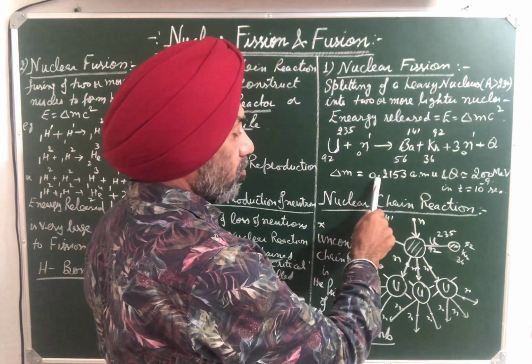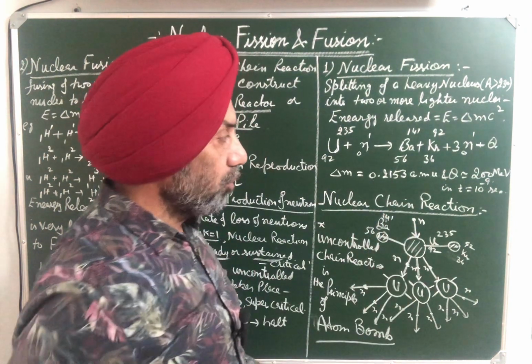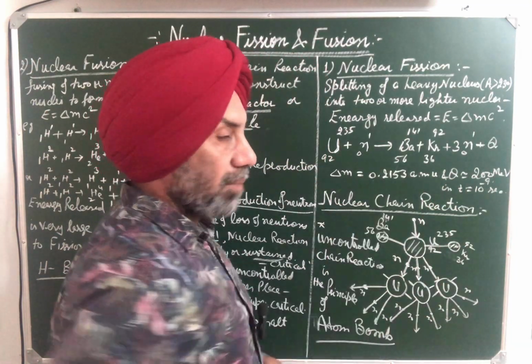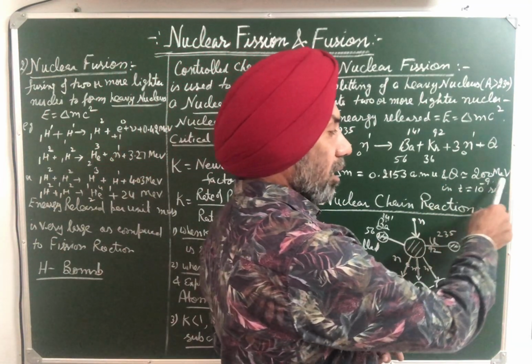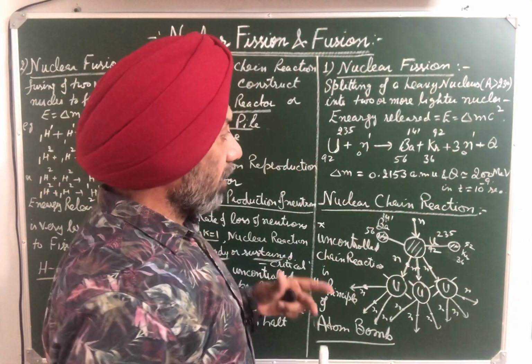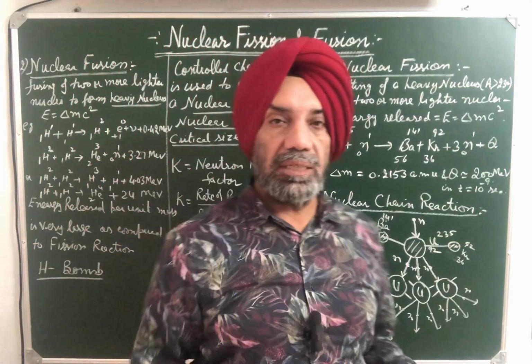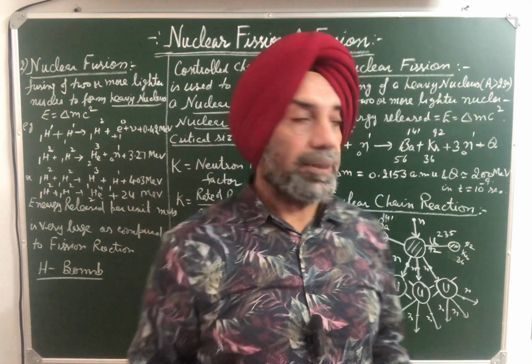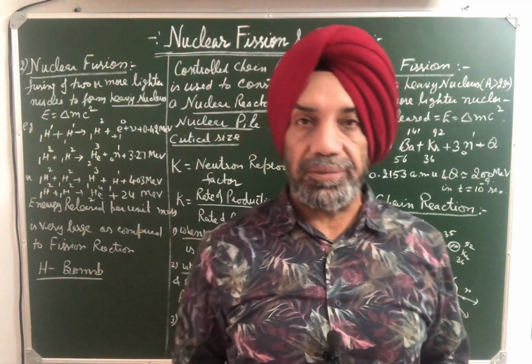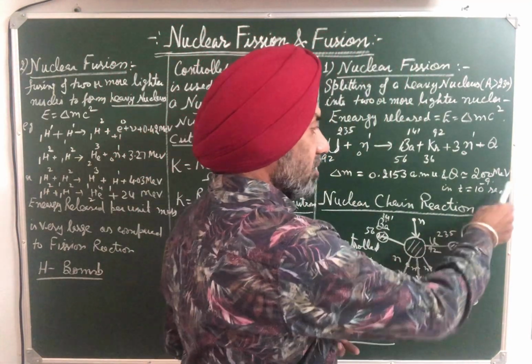Δm is equal to 0.2153 AMU, and if we calculate the energy corresponding to this mass defect, it comes out to be about 200 MeV. So per fission, the amount of energy released is 200 MeV, in a very short time of the order of nanosecond, 10^-9 second.